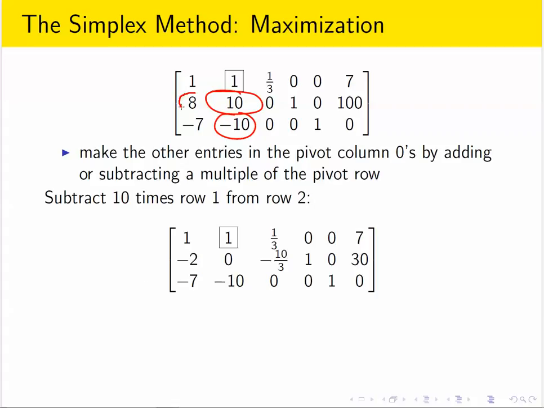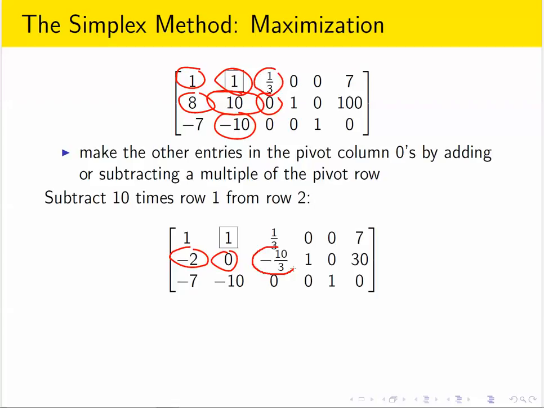I have 8, and I'm subtracting 10 of these. So 8 minus 10 is how I get negative 2. Then I have this 10, and I'm subtracting 10 of these. 10 minus 10 gives me 0. I have this 0, and I'm subtracting 10 of these.